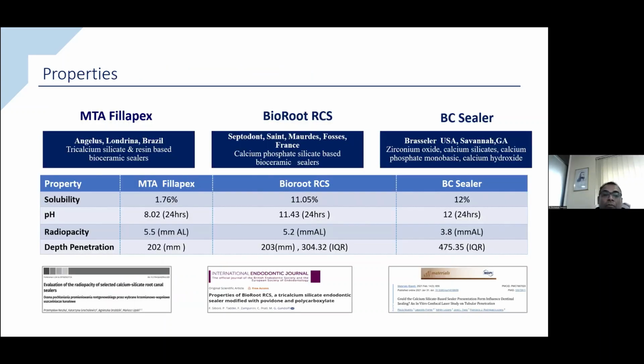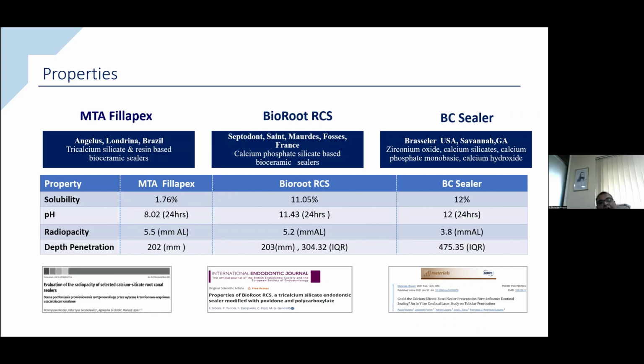Now, what are the properties of bioceramic root canal sealers? Basically, before we start, MTA in brief: Portland cement was the parent component of MTA sealer. It was refined, the particle size was decreased, and the toxicity was removed.